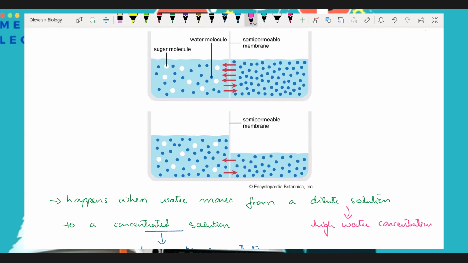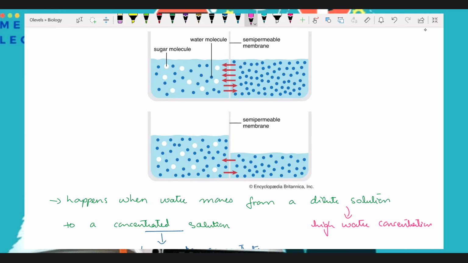So what happens? The movement is from where to where? The movement is from a dilute solution where the concentration of water is high, to a concentrated solution where the concentration of water is low, right?